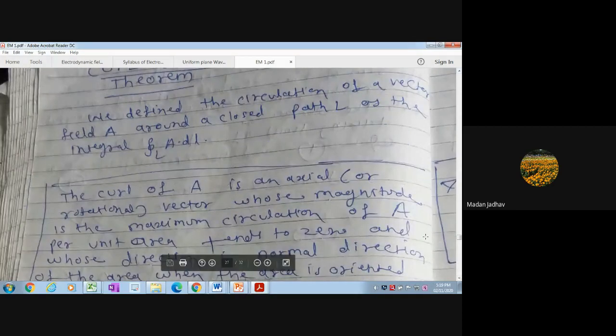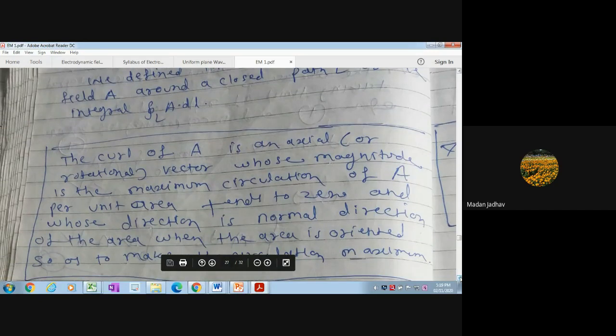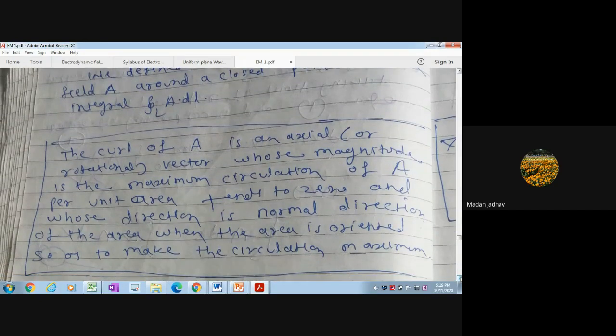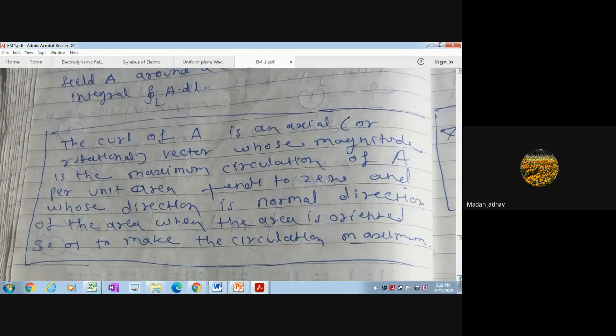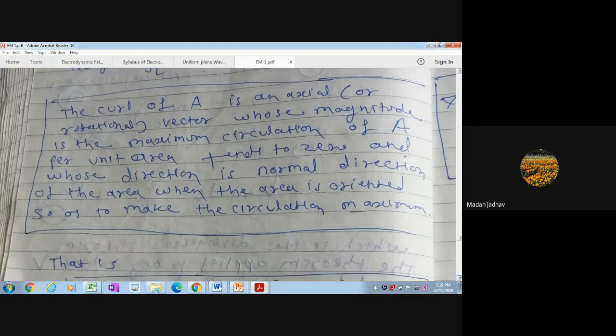The curl of A is an axial or rotational vector whose magnitude is the maximum circulation of vector A per unit area as the area tends to 0, and whose direction is normal to the area when the area is oriented so as to make the circulation maximum.